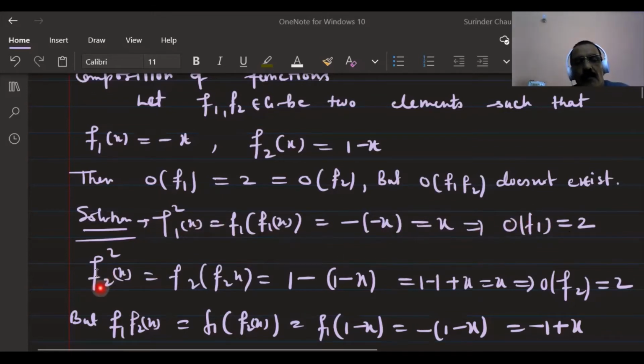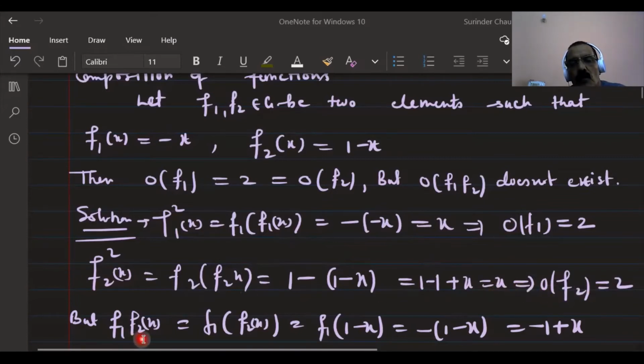Similarly, f2 square of x is equal to f2 of f2 of x. f2 of x is 1 minus x, so f2 of f2 of x is 1 minus (1 minus x), which is equal to x. So order of f2 is 2.